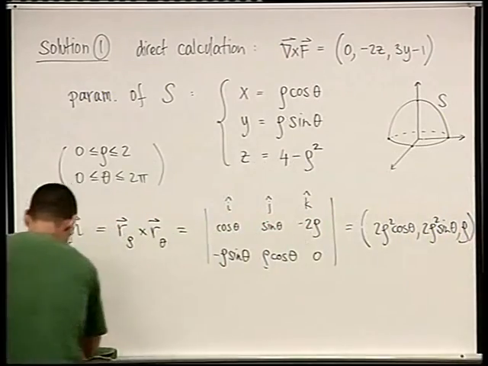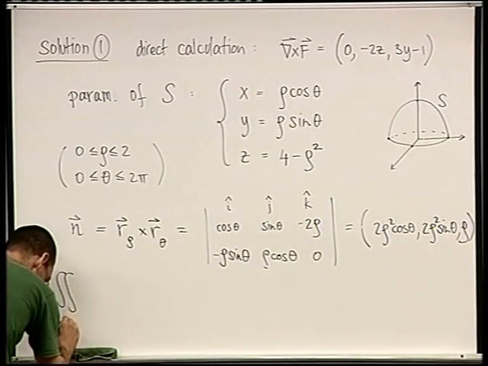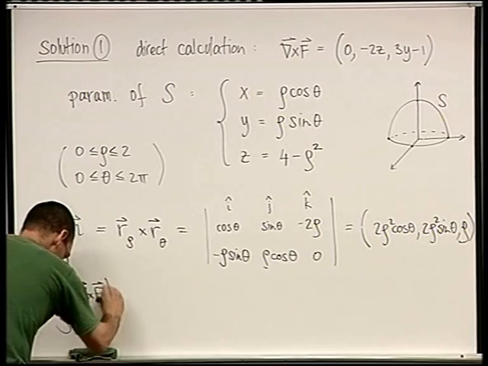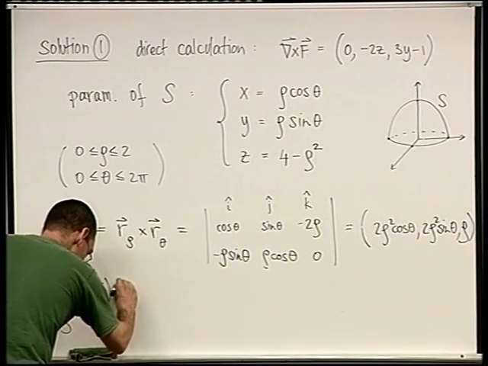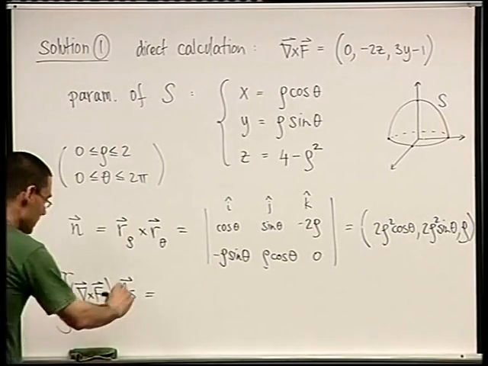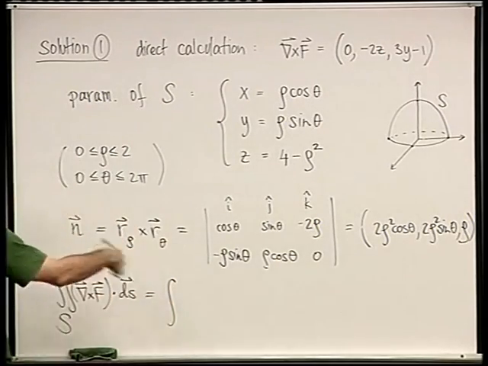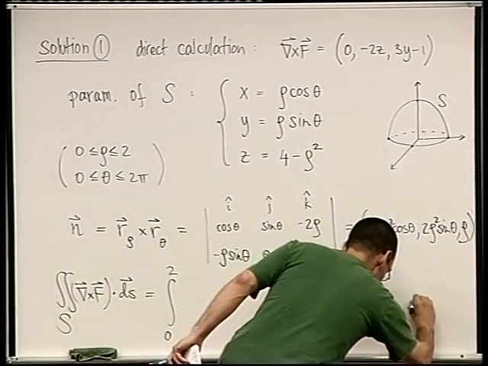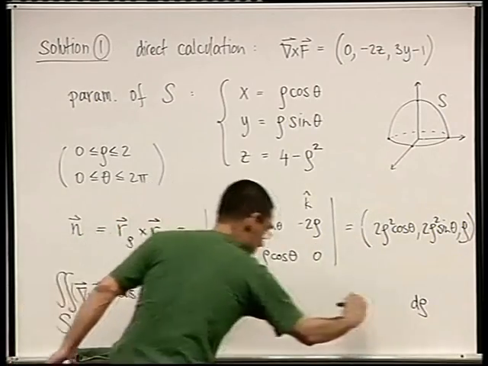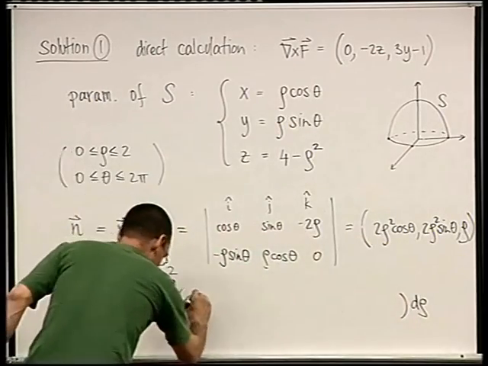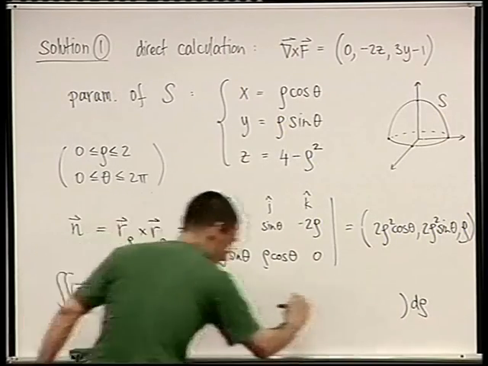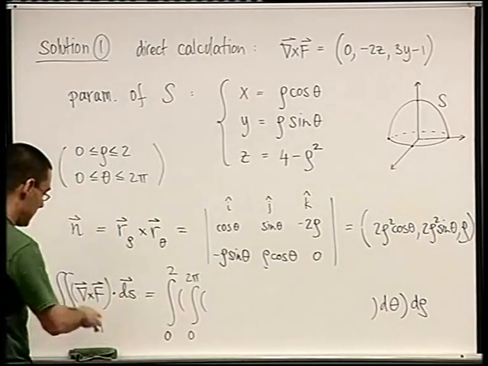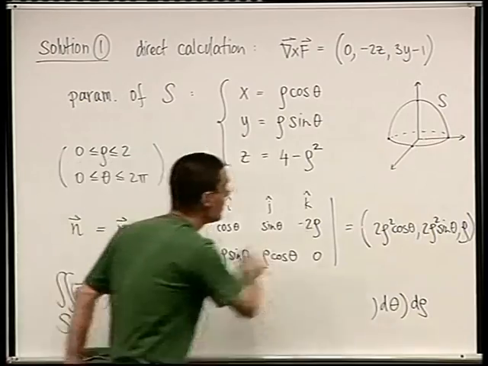So the surface integral over S of the curl of F dot dS equals the double integral over the space of the parametrization, from 0 to 2 d rho, of the integral from 0 to 2 pi d theta, of F dot n.